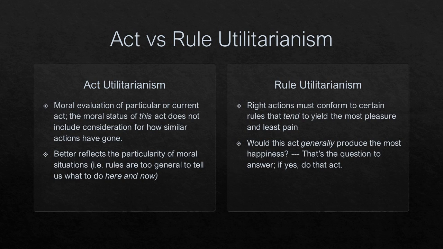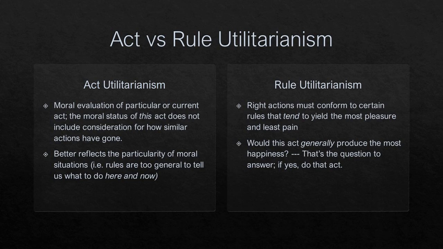So in rule utilitarianism, we approach the trolley problem by recognizing that, generally speaking, pulling a switch on a train to end somebody's life doesn't actually result in a net gain of happiness. That's not generally what this kind of action produces. And we could make it more abstract and just say that generally causing the death of someone doesn't produce a greater amount of happiness than not.